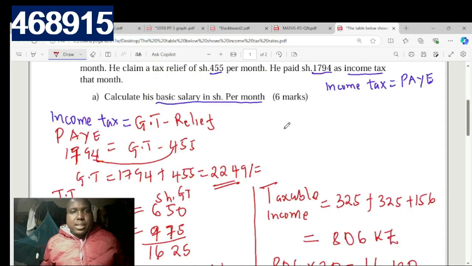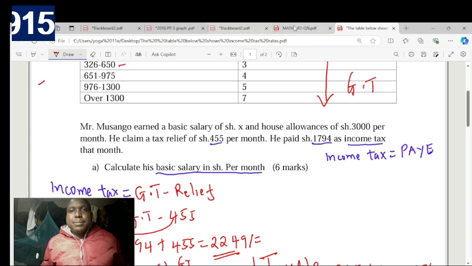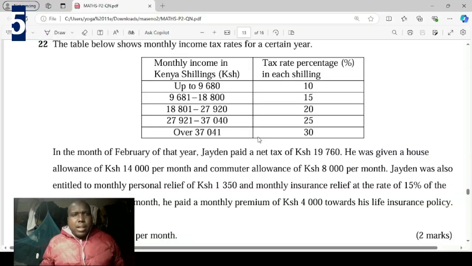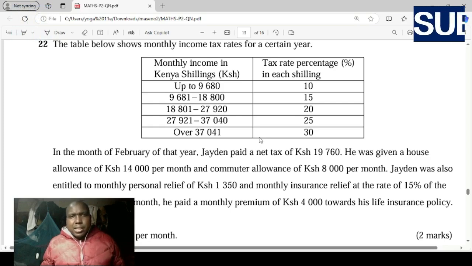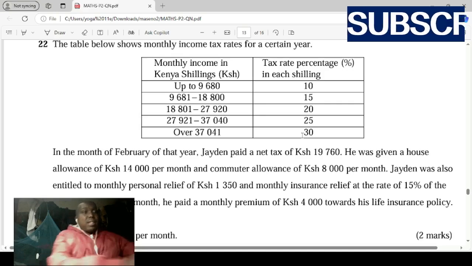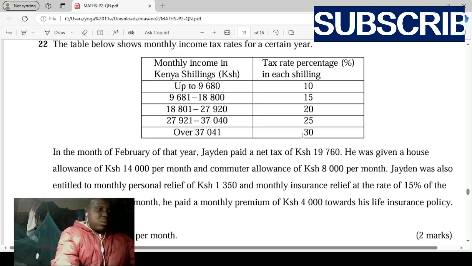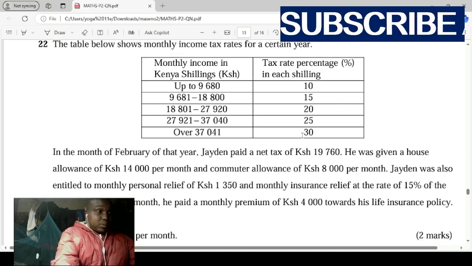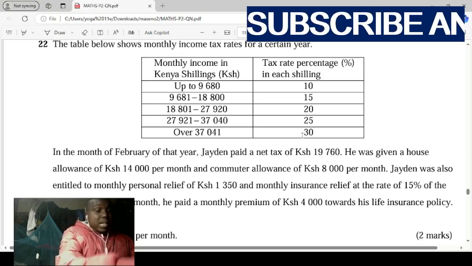Let me do one more example for understanding. The table below shows monthly income tax rates for a certain year. So this is the rate. The first thing unaangalia ni the table. Look at the table.